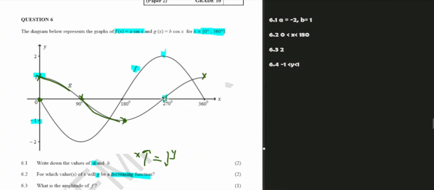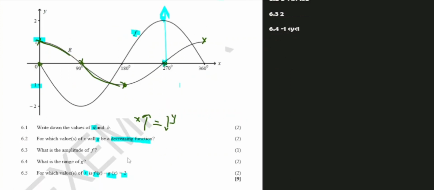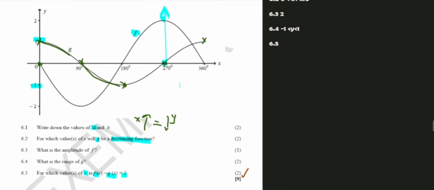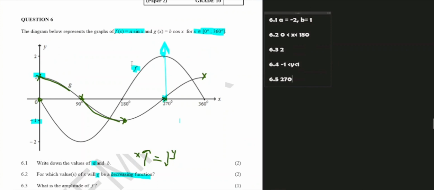So essentially where x is 270, f of x, which is 2, minus g of x, which is 0, will be equal to 2. Then you've gotten your 9 marks. So here the answer is 270 degrees. Let's look for another question paper, and then we'll be done with today's video.